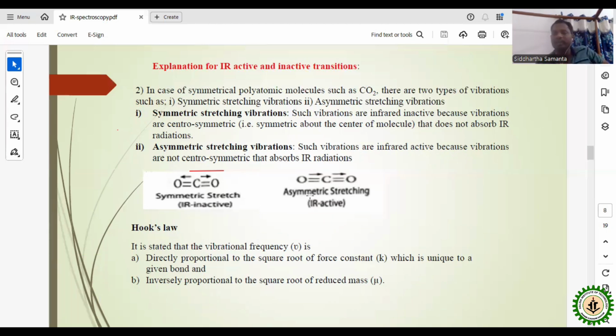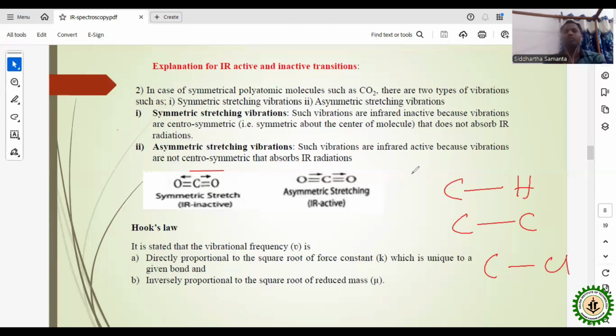Like if we consider a carbon-hydrogen bond, and if we consider a carbon-halogen bond, do they absorb the same energy or not? This type of bond is different, so the absorbed energy is also different. So in that situation, Hooke's law is stated.